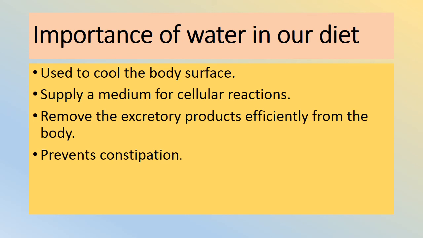And the third one is that it will help to remove all the waste material, all the excretory products, the toxins that are produced from our body efficiently, and it will help to prevent constipation. The difficulty of passing feces is reduced when you take a sufficient amount of water. So this ends part 1 of the presentation.